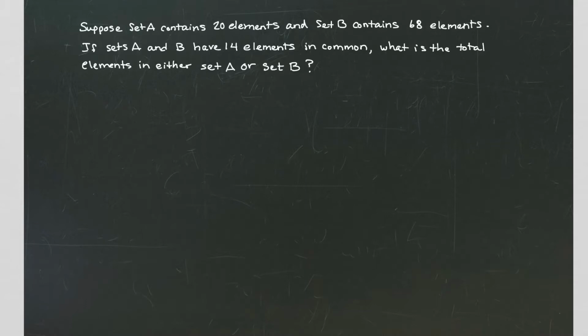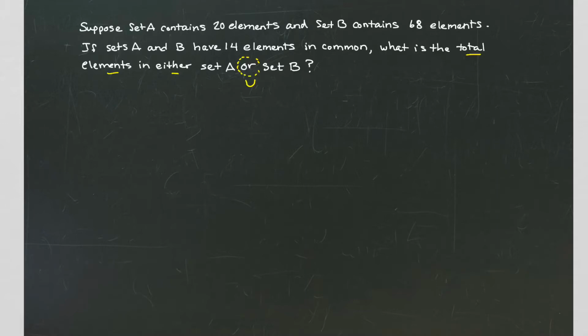I like to start at the very end, namely, I like to look at the question that we're actually being asked. What is the total elements in either set A or B? I emphasize the word or, specifically either or, because in set theory, or actually represents the union.